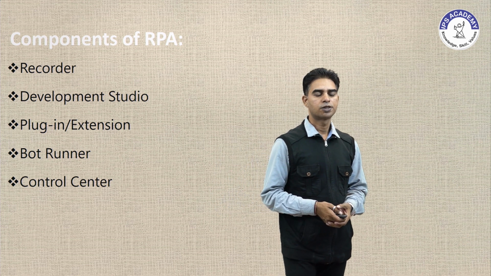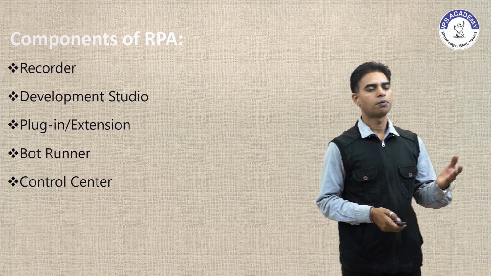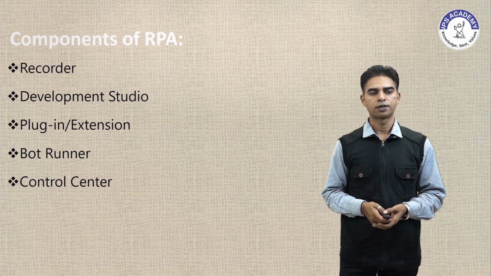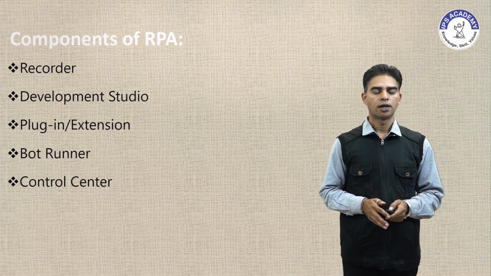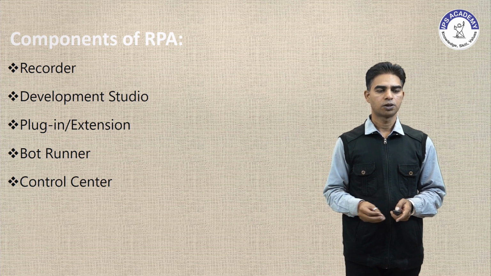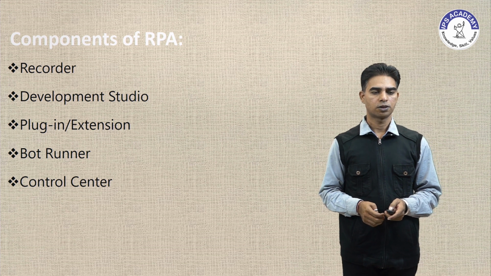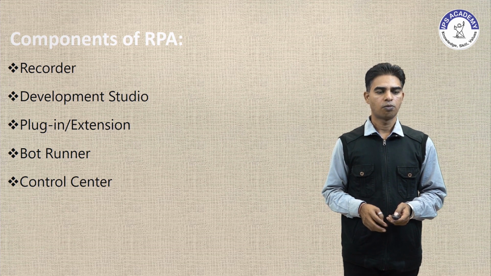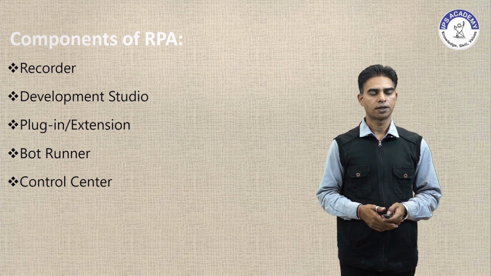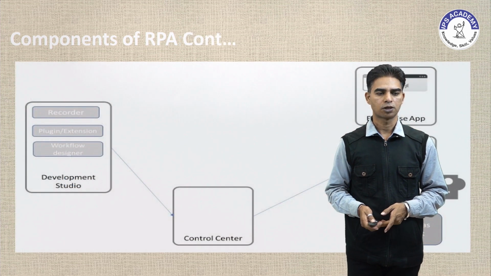There is a development studio, and how to install it we will learn in our lecture. Then the plug-in extension, how your process will interact with other processes, and how execution happens: the bot runner and the control center. There are various components in robotic process automation.